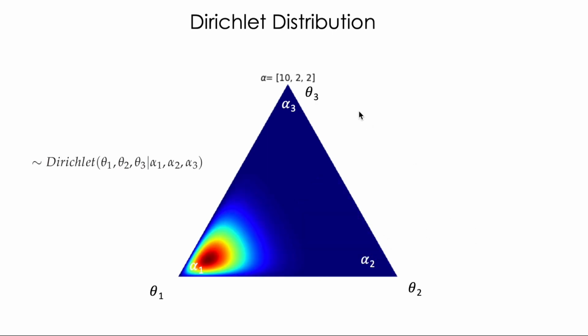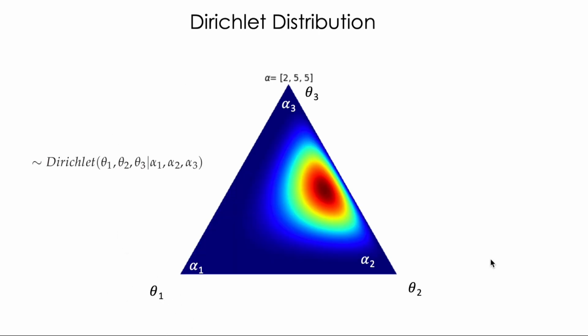This is another case. If alpha 1 is way bigger than the other 2, our prior is concentrated more heavily in theta 1. And we can have, of course, all the combinations. In this case, alpha 2 and alpha 3 are slightly bigger than alpha 1, so then the mass is getting concentrated between the middle of both theta 2 and theta 3.